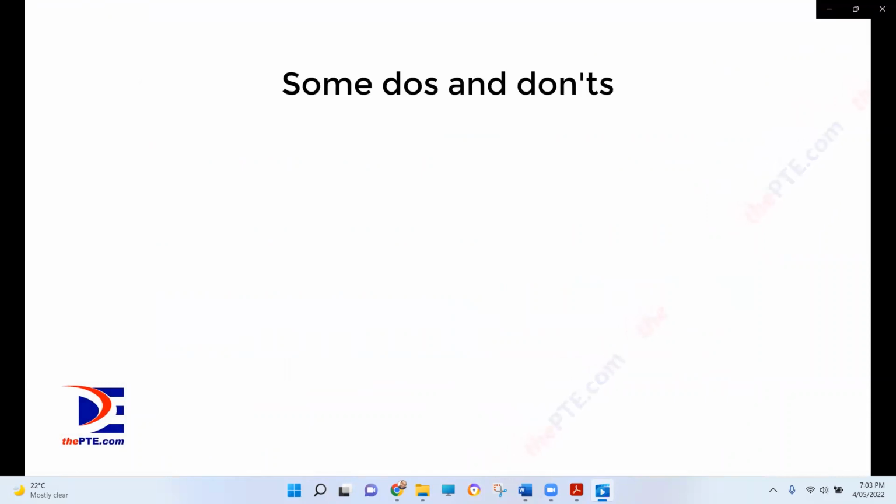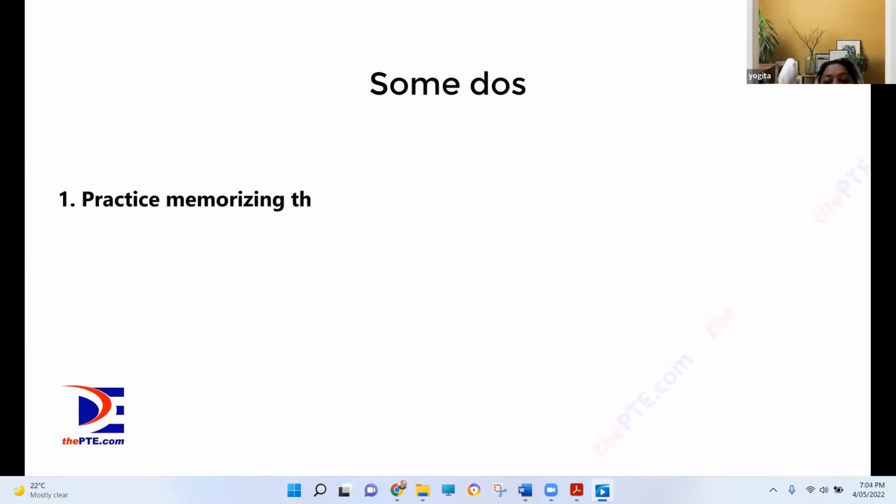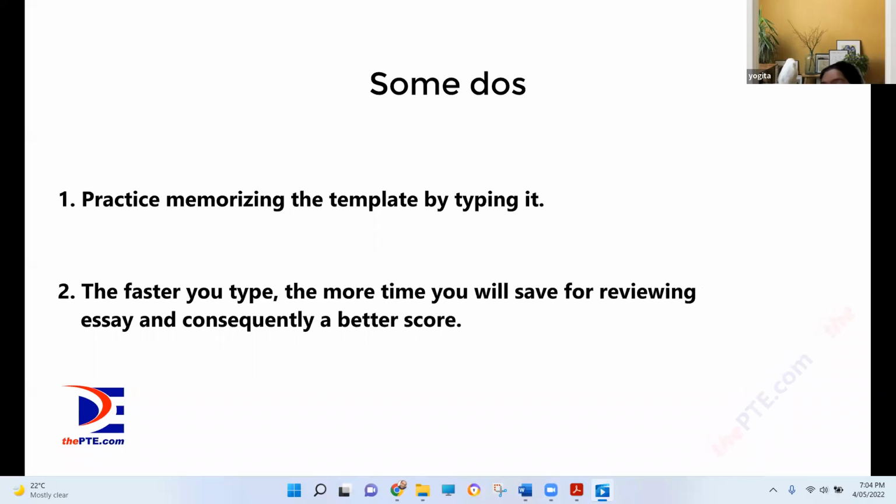Some do's and don'ts. Let's start with do's first. Number 1. Practice memorizing the template by typing it. This way, you will improve your typing speed as well. Number 2. The faster you type, the more time you will save for reviewing your essay and consequently a better score.